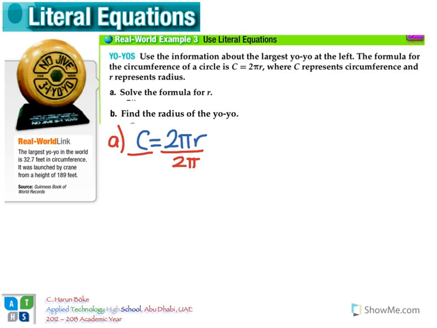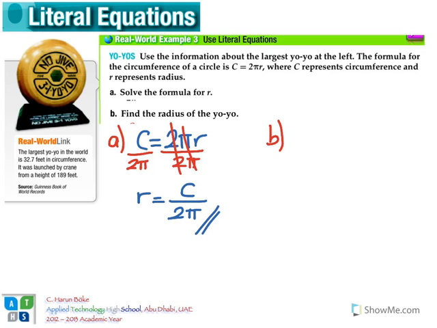So to keep the balance, I have to divide the left hand side with 2 pi as well. So when I do the cancellation, I have R to be C, circumference, divided by 2 pi. So this is how I solve this formula for R. This is the answer to part A.